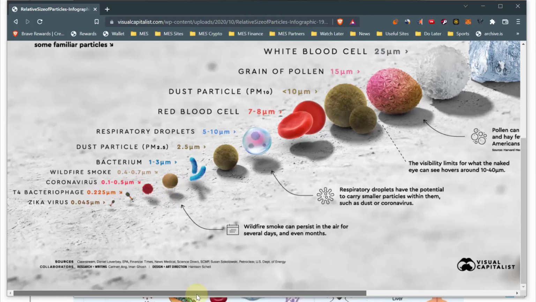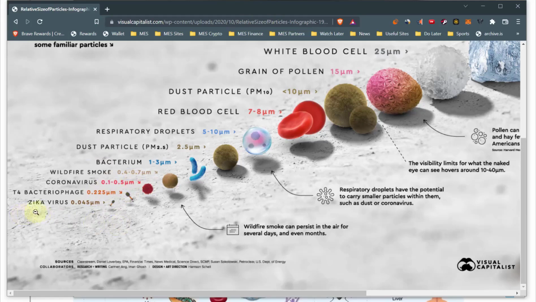Absolutely tiny stuff we're talking about. The next one is T4 bacteriophage, which is 0.225 micrometers, bigger than some coronavirus, but smaller than others.